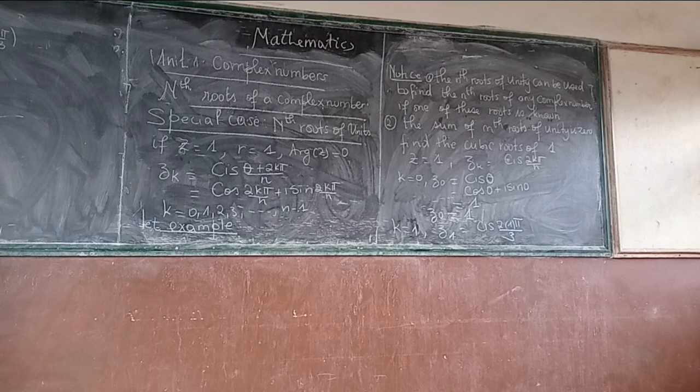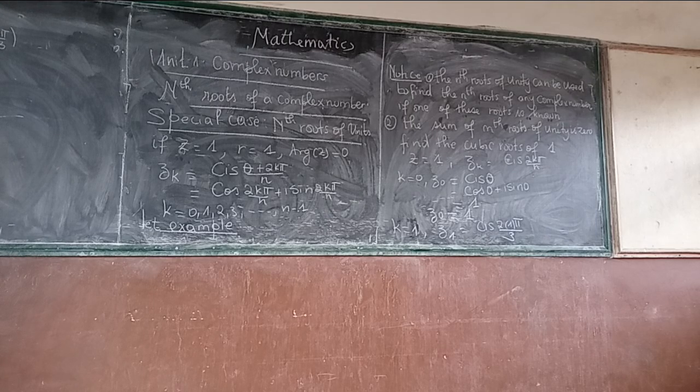So in algebraic form, the angle 2π/3 is in the second quadrant, which means cosine has a negative value, while sine has a positive value.